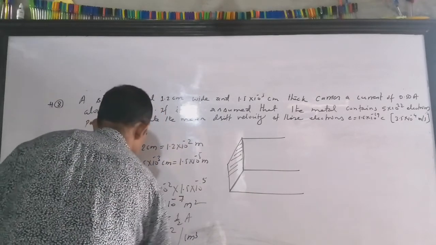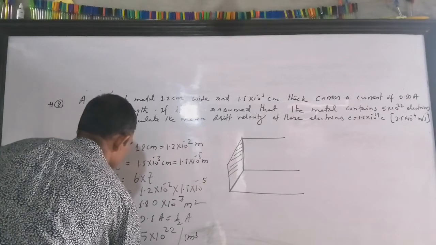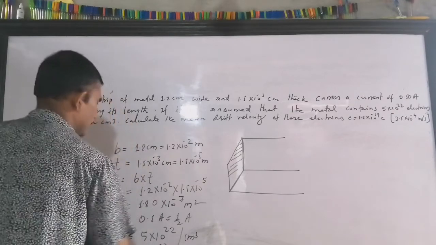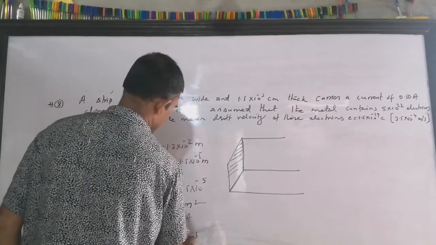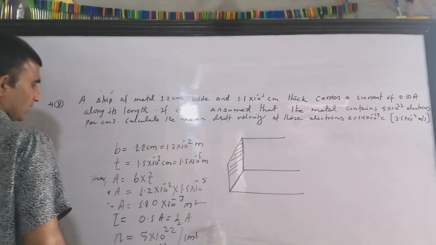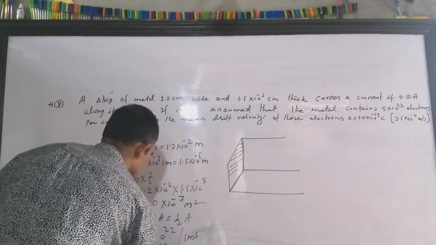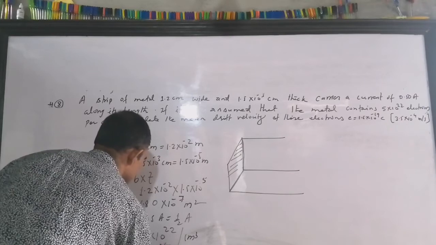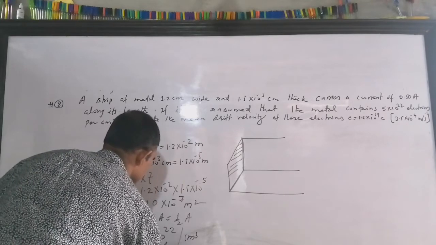And so again I have to change this into meter cube. 5 into 10 to the power 22, and dividing by 10 to the minus 6, so this becomes 5 into 10 to the power 28 per meter cube.